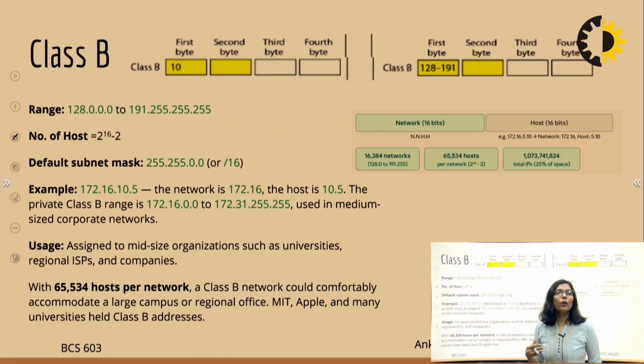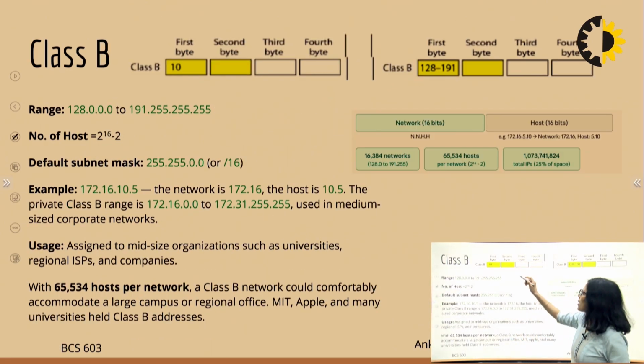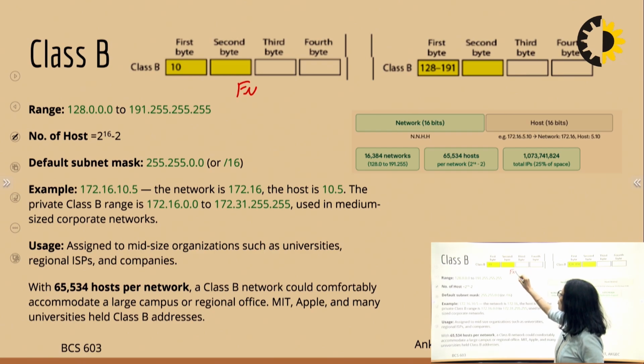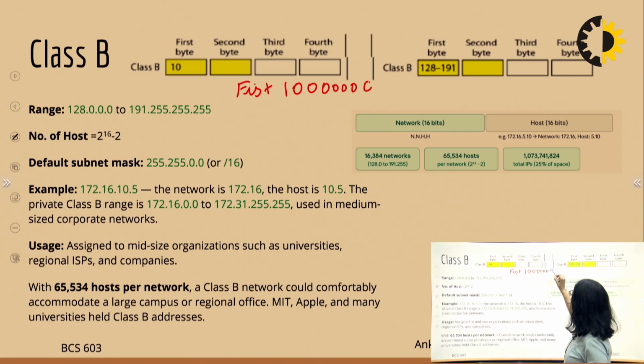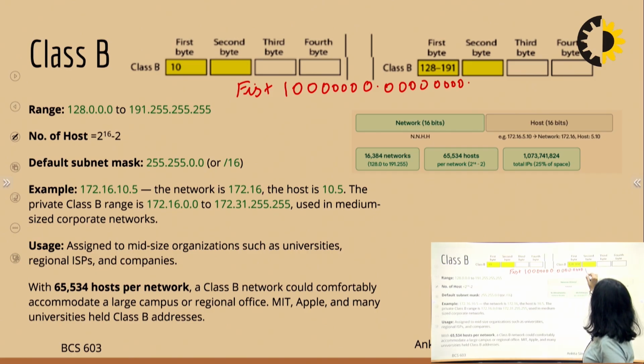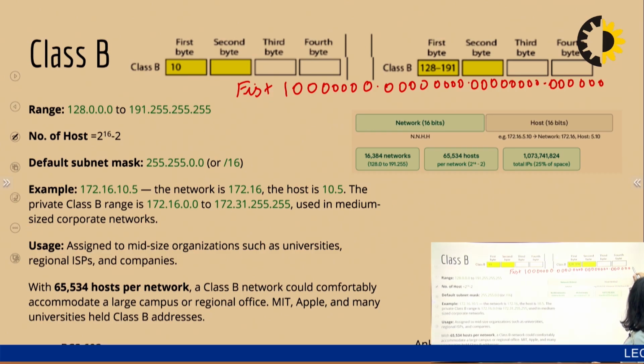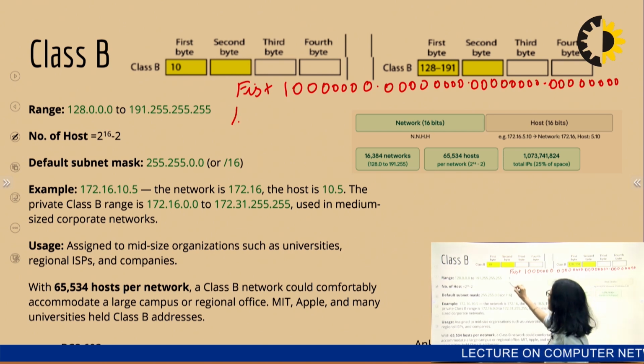Now, when we talk about class B, the first address of class B will be 10. This will be my first address, okay. And the last address will be 10.